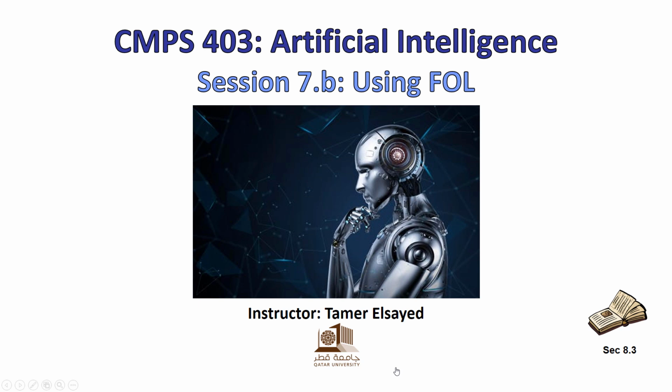Okay, so as I told you earlier, we will focus in this session on how to use first order logic. We already saw an example in the previous slide when we defined siblings, but we'll see more examples in this set. The first example is an extension of what we just mentioned about kinship, the relations in a family.